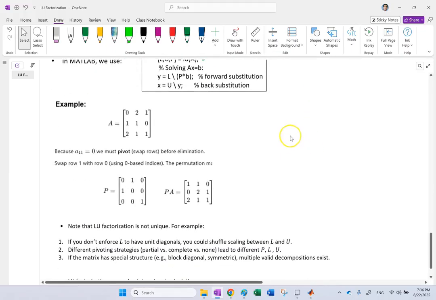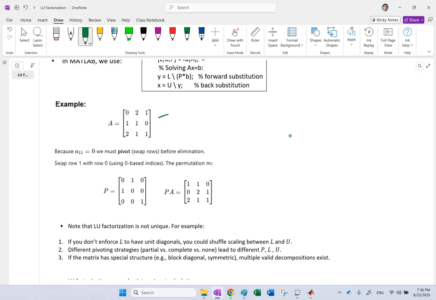So let's say this is my A matrix in this case. Well, I need to convert these two numbers into 0, right? But for that, I need to divide these numbers by 0 in this case. That's my pivot, it is 0. That is not going to work. So what do I do? I swap row 2 with row 1.